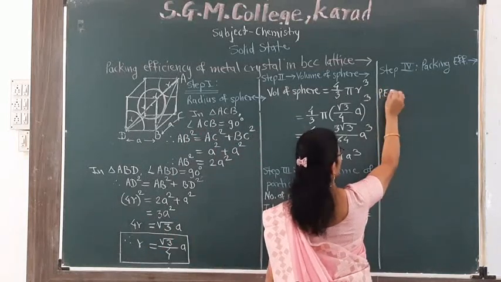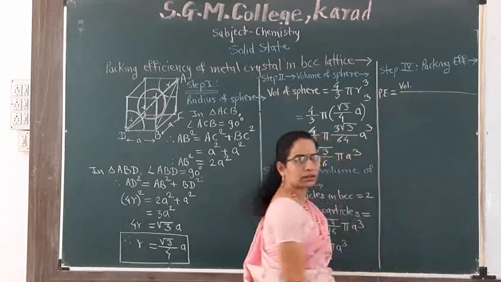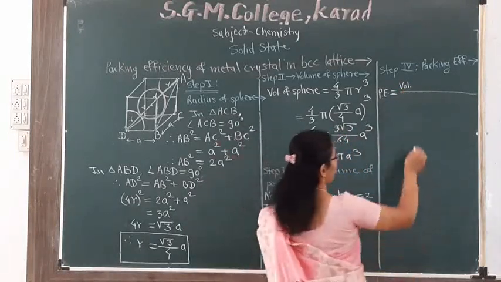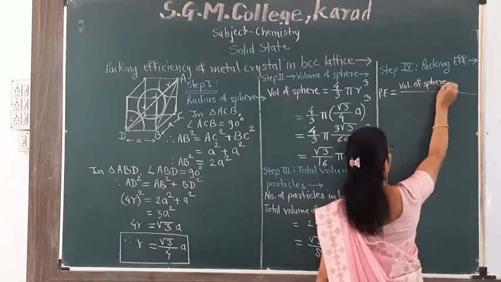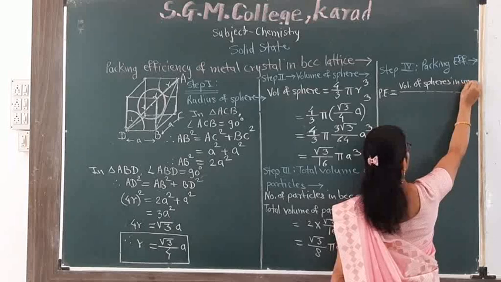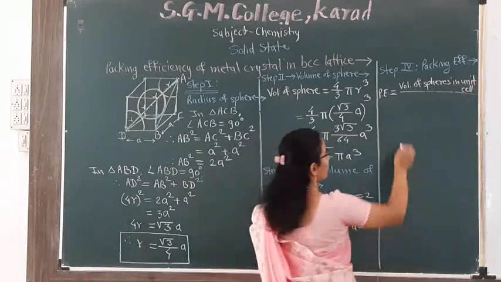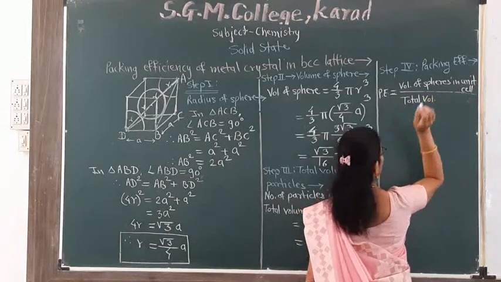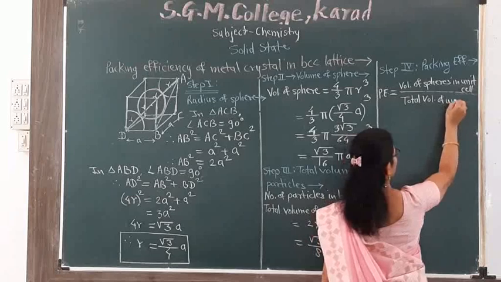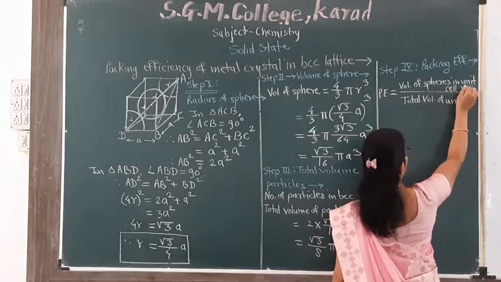Packing efficiency is equal to volume occupied by the spheres in the unit cell divided by total volume of unit cell, multiplied by 100. Okay.